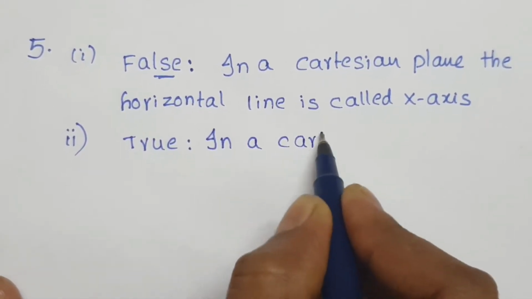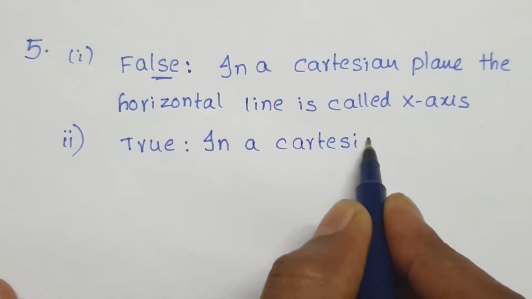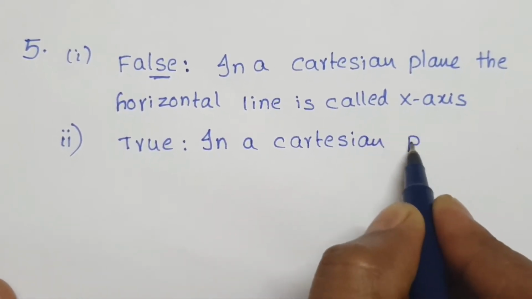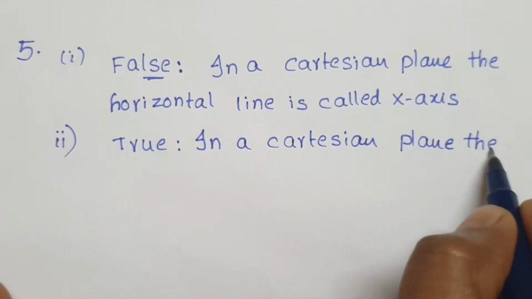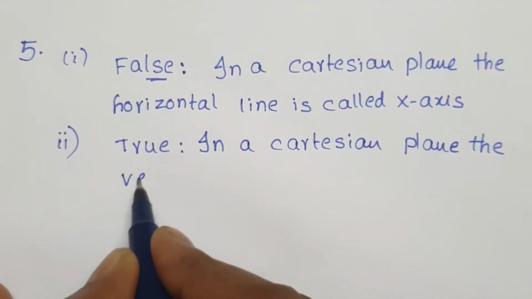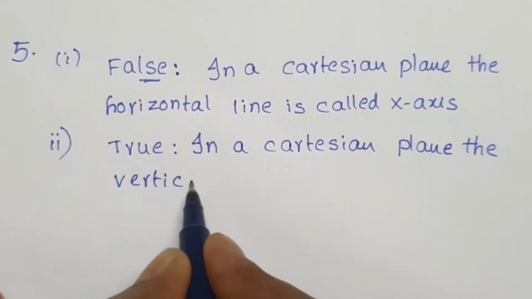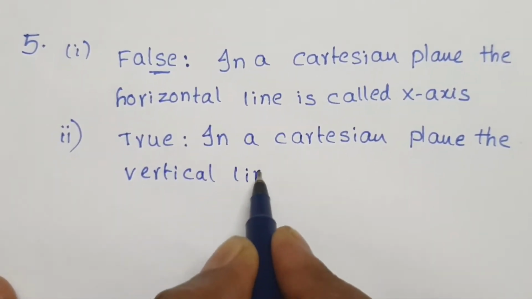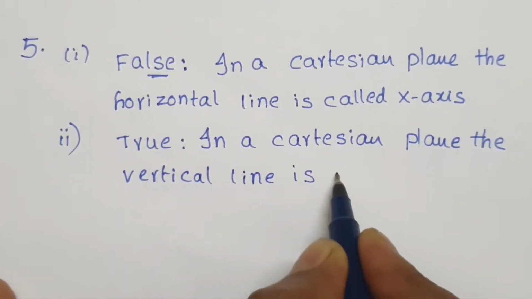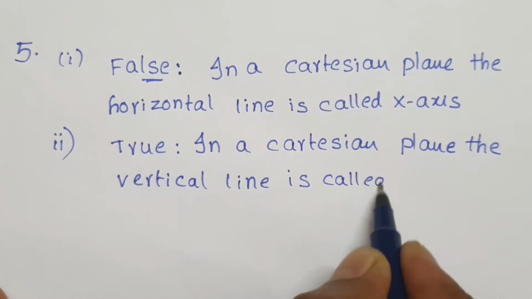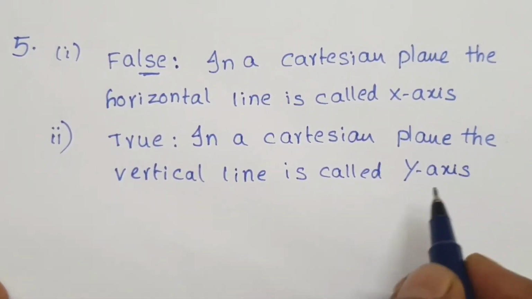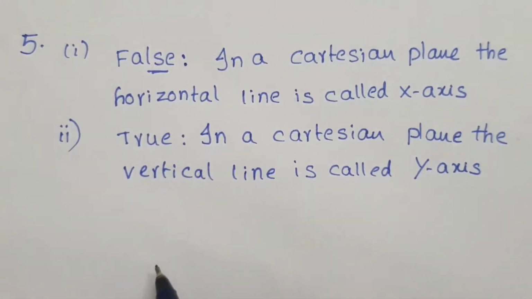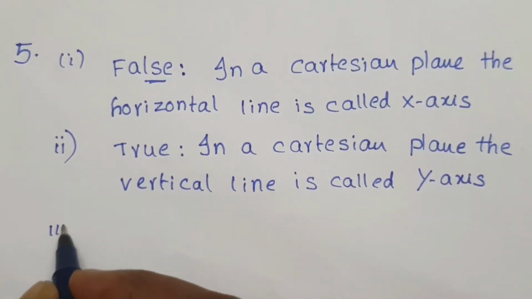In a Cartesian plane, the vertical line is called y-axis. Vertical line is called y-axis. We know that horizontal line is called x-axis, vertical line is called y-axis.